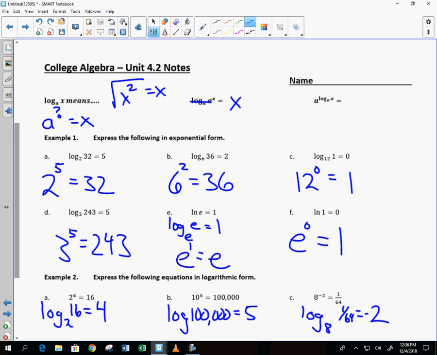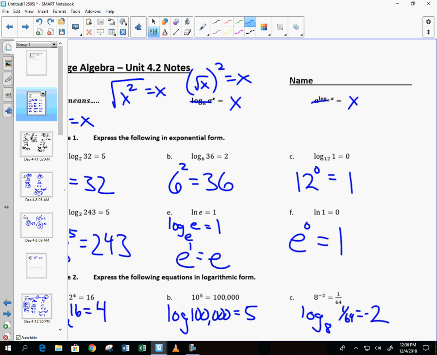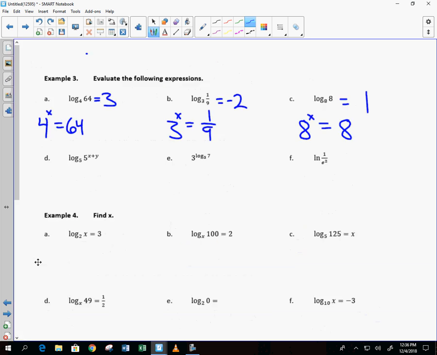Just like the square root of x, quantity squared, is x. They are inverse operations. They undo each other. And a to the log base a of x, those cancel, leaving you with just x. Trust that those are true, and watch what happens as we try to then get back to these.